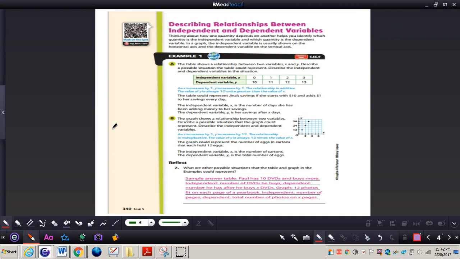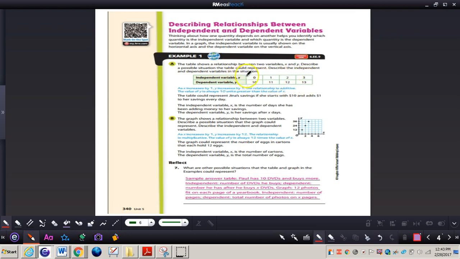So it says, example 1, the table shows a relationship between two variables, x and y. Describe a possible situation the table could represent, describe the independent variable in the situation. So we can see the independent variable is x, dependent variable is y. So we have 0 and 10, 1 and 11, 2 and 12, 3 and 13.